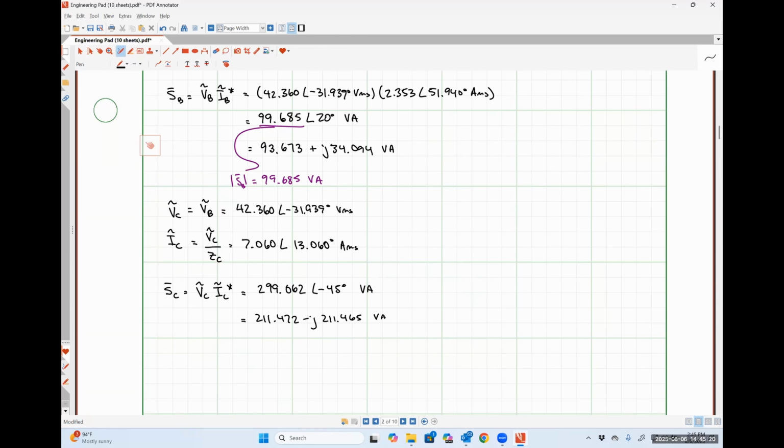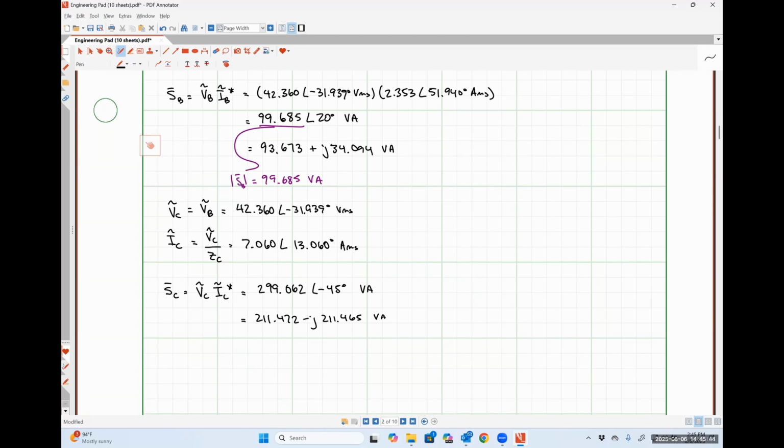For what it's worth, whenever you have an angle of 45 degrees, the real and the imaginary parts are equal. And whenever you have an angle of negative 45 degrees, the real and the imaginary parts are equal, but of opposite signs. So just the imaginary part should be negative. But 0.472 is close enough to 0.465 for me. So those both seem legit.